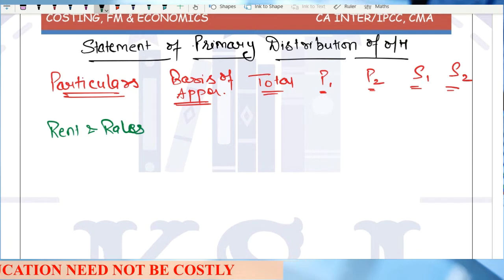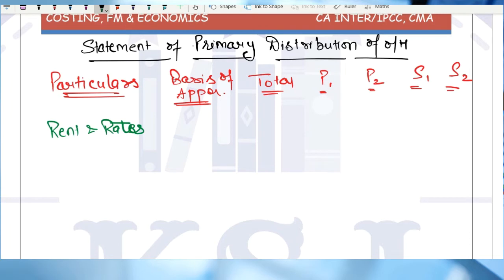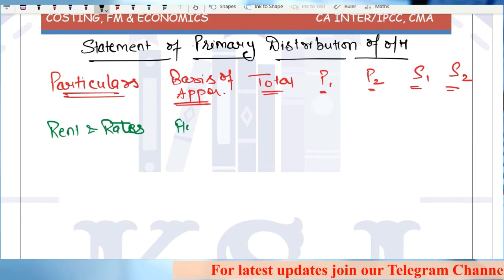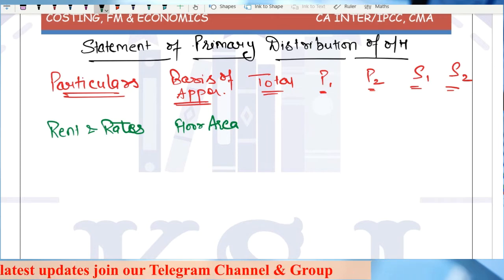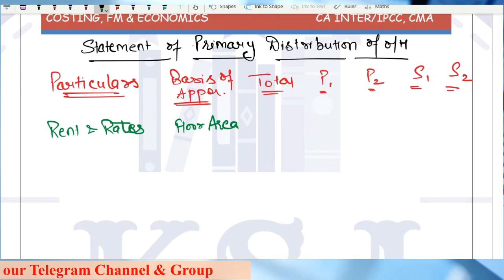Then you have to write the basis of apportionment. That means what basis have you assumed? What do you think is the reasonable base for the apportionment of this overhead? Say it is floor area. Then what is the total amount of rent, rates and taxes? Say 10,000.